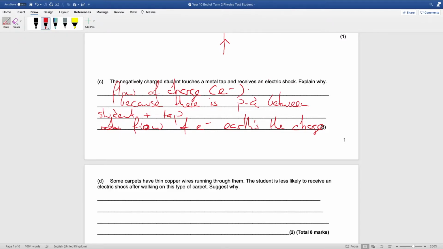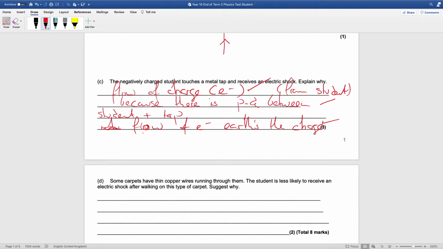So we then have part D, where the carpet has some thin copper wire running through it, and the student is less likely to receive an electric shock, for 2 marks. So the copper wire, copper's a conductor, so there's a mark for saying something the question doesn't say that's relevant. The copper wire being a conductor is worth 1 mark.